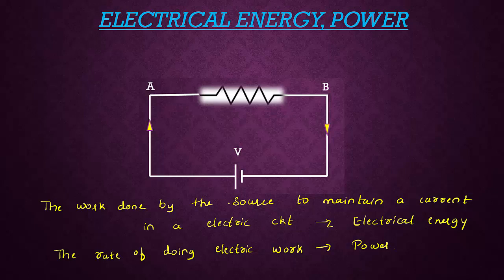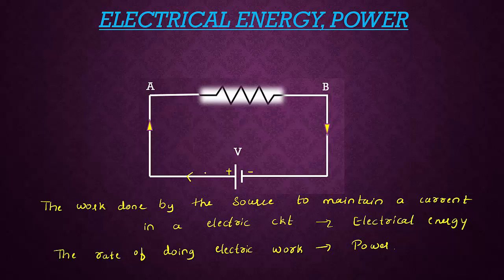Is it clear? Now, in today's session, I am going to derive an expression for electrical energy as well as power. Here I am going to consider a circuit. This circuit contains a battery or a cell. This is the positive terminal of the battery and this is the negative terminal. Because of this source, energy is provided to the charges.